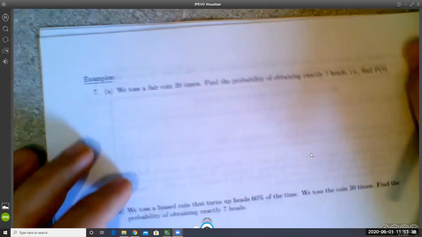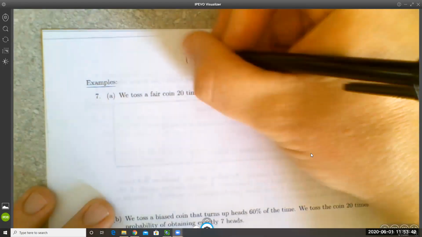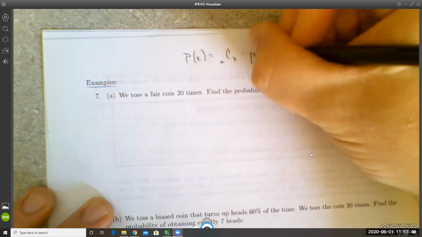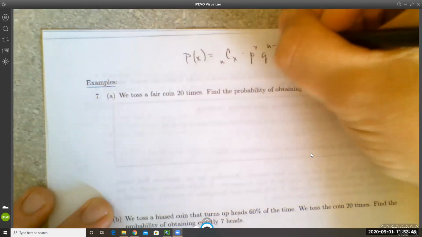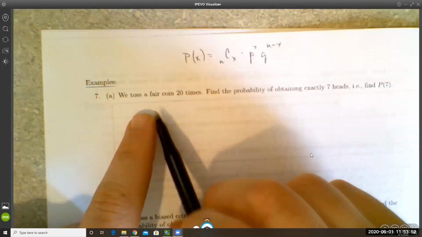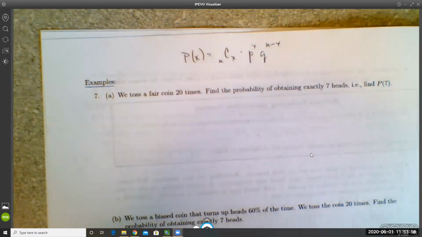Here's an example, just doing one by hand. So remember our formula, P of x is n choose x times p to the x times q to the n minus x. Let's use this to calculate. It says we toss a fair coin 20 times. Find the probability of obtaining exactly 7 heads.